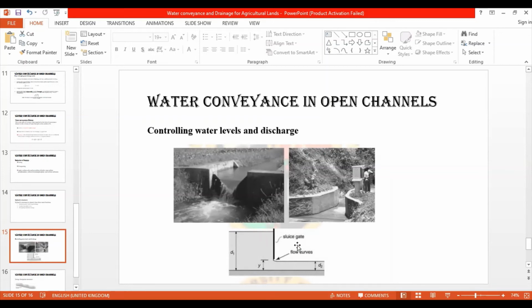The other way is to make what we call a sluice gate. This is an open channel coming from your source. At some point, it needs to branch so that it goes to your fields. Maybe you have 5 fields. The first branch goes to field 1, the second branch goes to field 2, and the third to field 3.